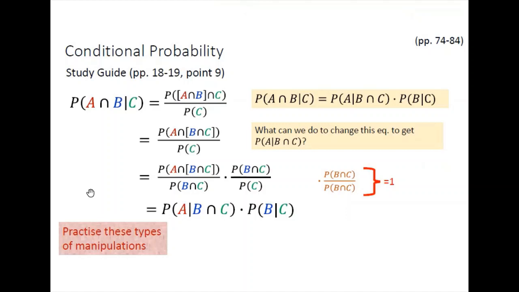Now look at here. How can we use multiplication rule to calculate the probability of A and B both occurring, given that C has occurred previously? First, what is the multiplication rule for A and B?